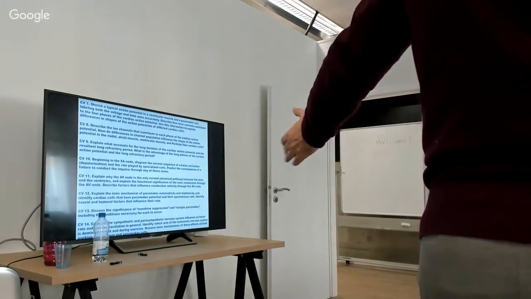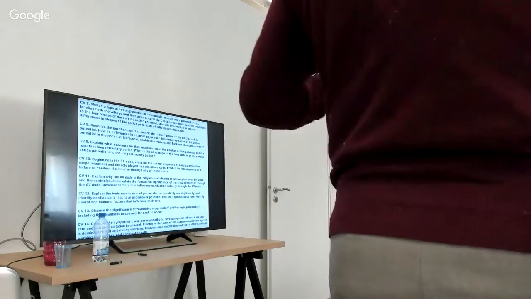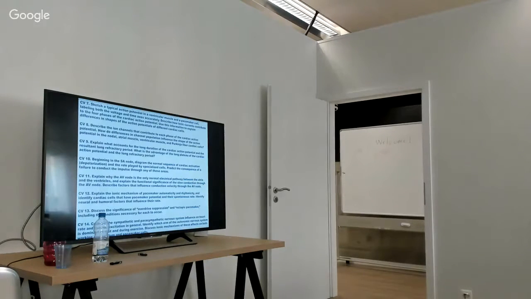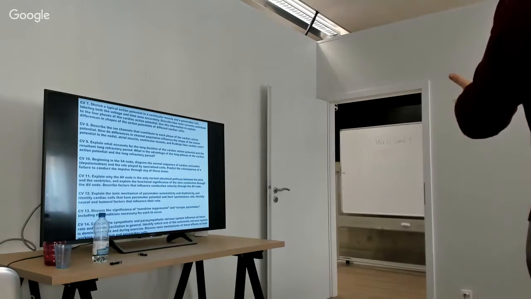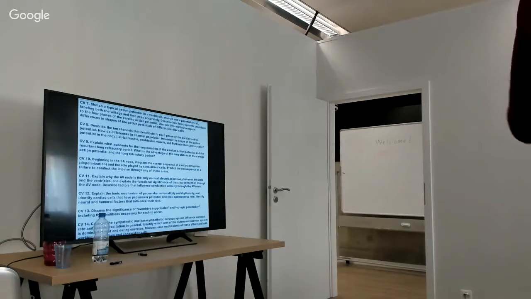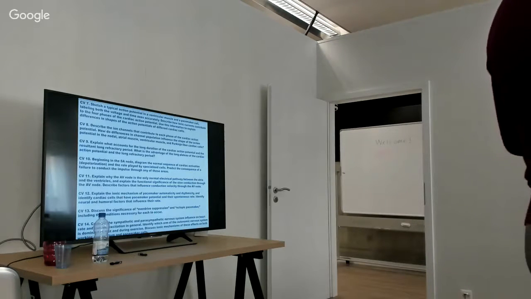Then we go back to the objectives and see if we acquired all of them. This is the way you should study. I give you the objectives. The first time you read all the material and try to understand, then you read the objectives and say, oh, I'm able to do this, I'm not able to do this. Let's try.